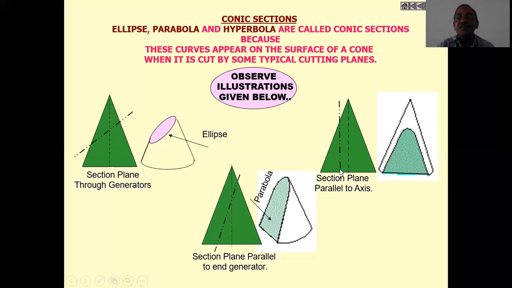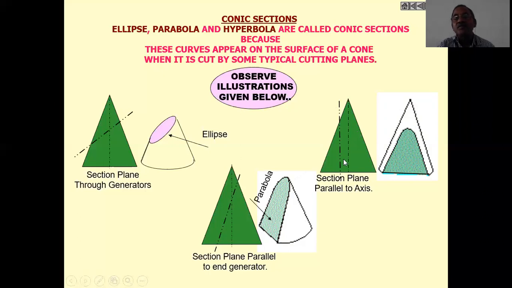Alpha is lesser than theta. That figure is not given here. A part of that solid cone is removed, and then a new shape appears that is called a hyperbola. So when alpha is less than theta, we get the hyperbola.